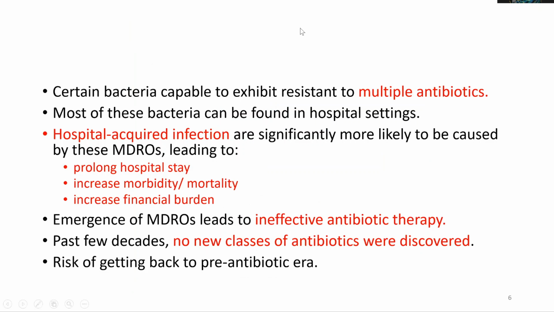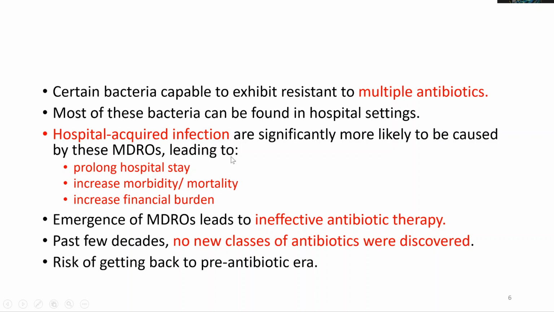And what makes things complicated is that bacteria is a very clever organism. They are capable of exhibiting resistance not only to a single antibiotic but to multiple antibiotics. In particular, this kind of bacteria, the multi-drug resistant bacteria, can be found in a hospital setting where lots of antibiotics are being used. And at the same time, a hospital-acquired infection is significantly likely to be caused by this multi-drug resistant organism.